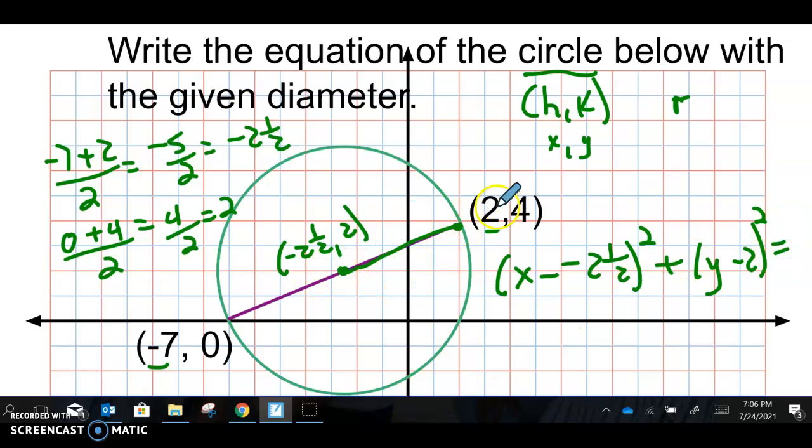To figure out the radius, I do have to do the distance formula. So all I know is it's x minus a negative. Let's not write that. Let's write (x plus 2.5) squared plus (y minus 2) squared equals whatever the radius is, and then I'm going to square it.